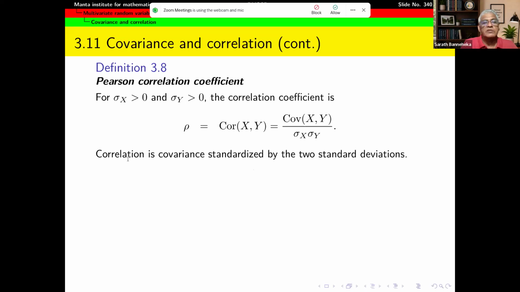So correlation can be considered as the covariance standardized, or scaled, by the two standard deviations. Now, covariance will have the unit of x and y as a product.